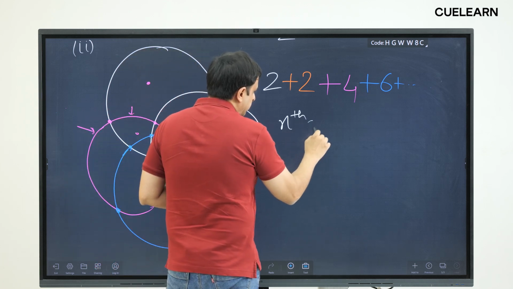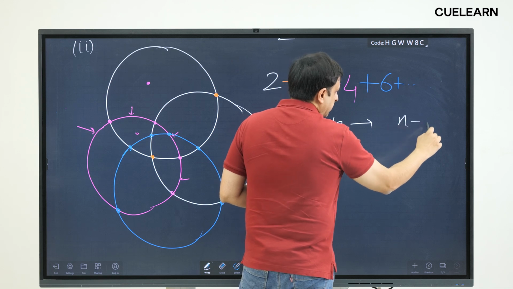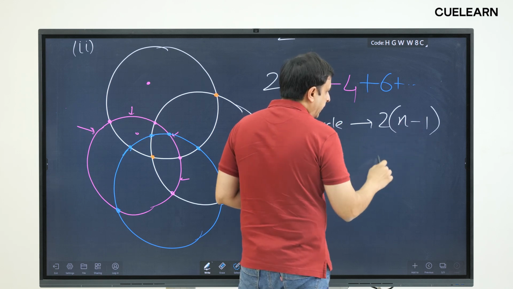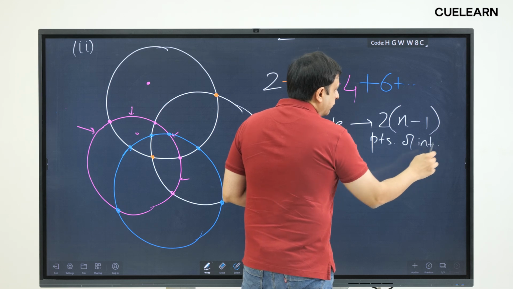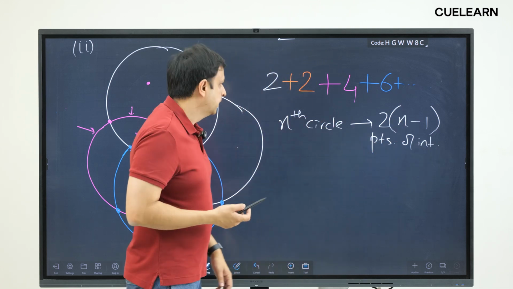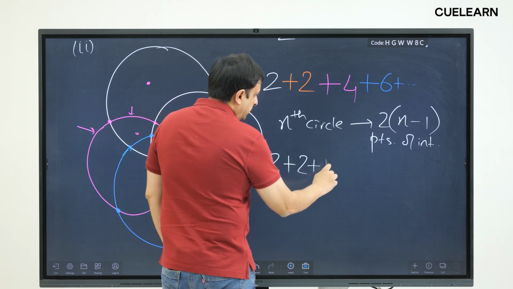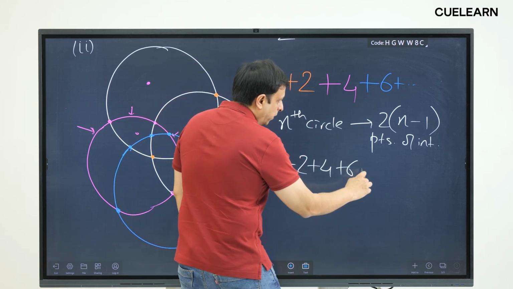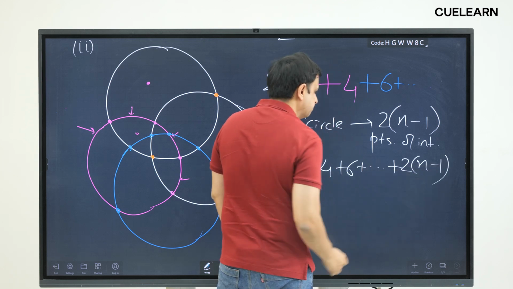Therefore it will increase the number of regions by 2 times n minus 1. So our series that we need to sum is 2 plus 2 plus 4 plus 6, going all the way up to 2 times n minus 1.